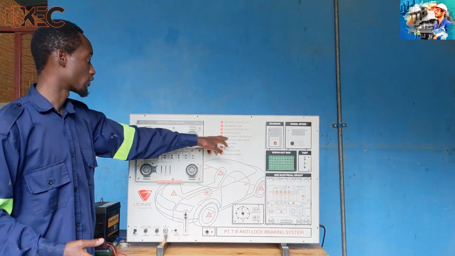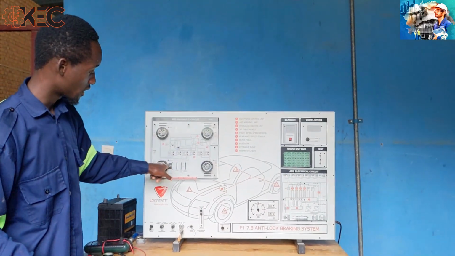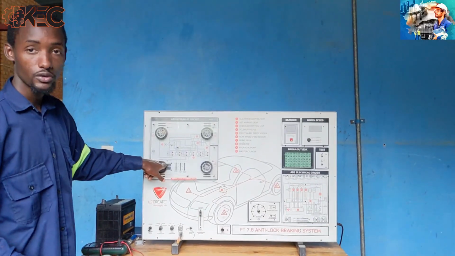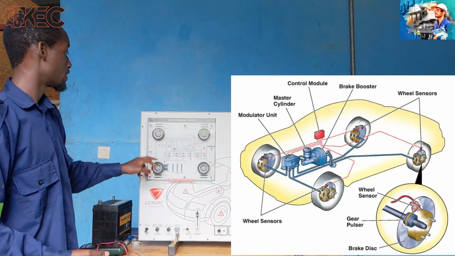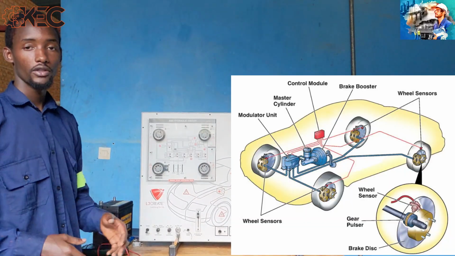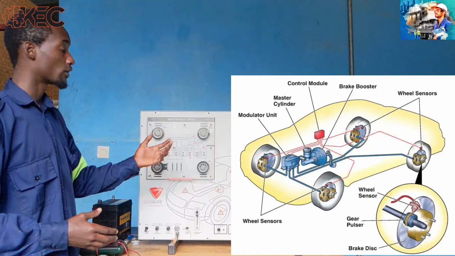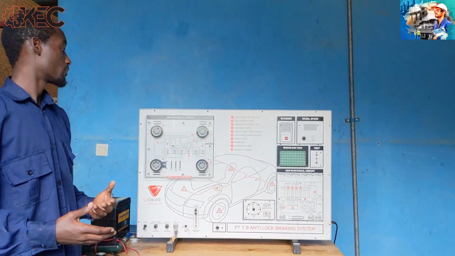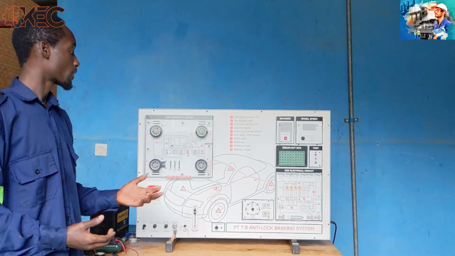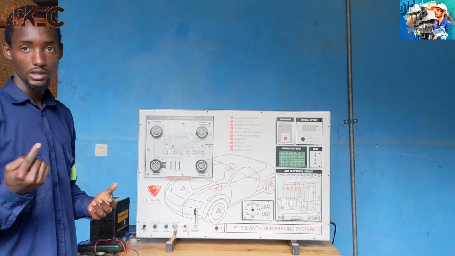So there is also the front wheel speed sensor. As I told you, there is the wheel speed sensor inside here. There is also the rear wheel speed sensor. Each wheel has its own individual wheel speed sensor, and also, according to the configuration, there are some ABS where the rear wheels share one sensor.